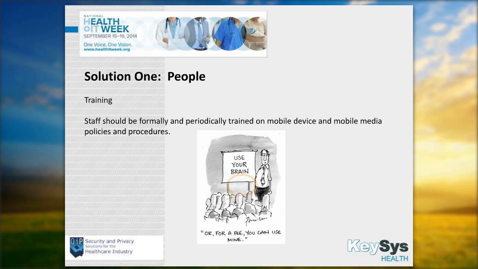But if you are generating PHI on mobile media, do you have something simple in place, like a form that the patient signs acknowledging, I'm handing you electronic medical, your personal health information, and it's unencrypted? Maybe you don't have the wherewithal to buy encrypted jump drives to hand to people.